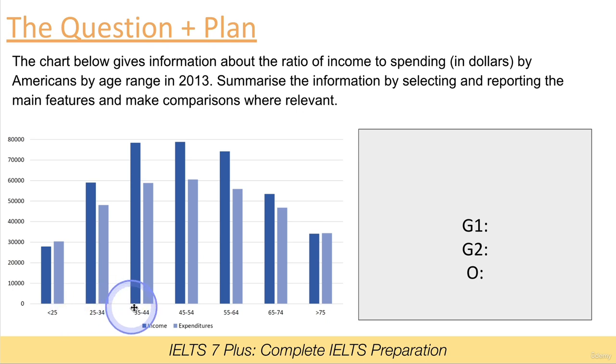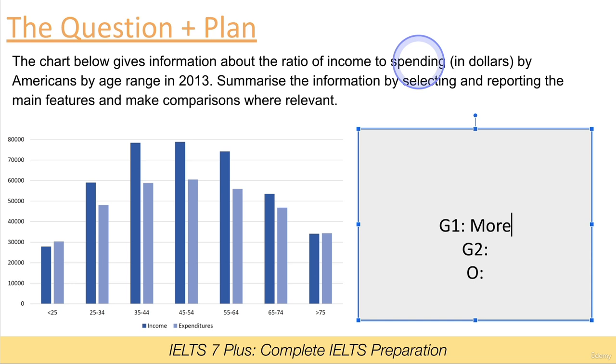I'm quite tempted to go by age for this one. Perhaps we could group together the more equal age ranges, like under 25, 65 to 74, and 75, and then we could talk about the other four. They're odd groupings, so yes, that's not a problem. They're not always going to be equal, but that's okay. I think we're going to do that.